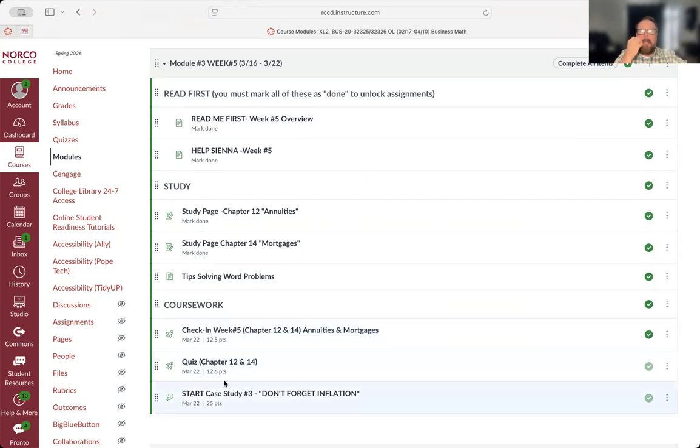Now, this one kind of deals with both Chapter 11 and Chapter 12. So it focuses on some compound interest, because inflation is causing there to be higher inflation. And so that's going to mean things are going to change. If you need $5,000 in the future, it's not going to be the same as $5,000 today, right? Because of inflation. So you have to figure in inflation using compound interest, and then you need to figure out a sinking fund, which is something you'll learn about in Chapter 12.